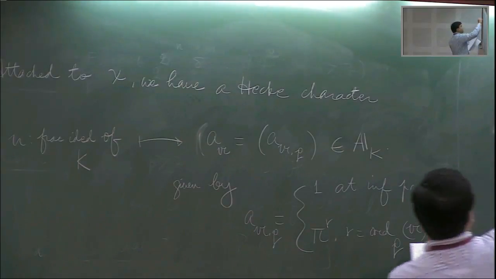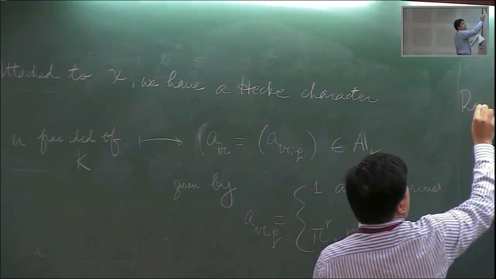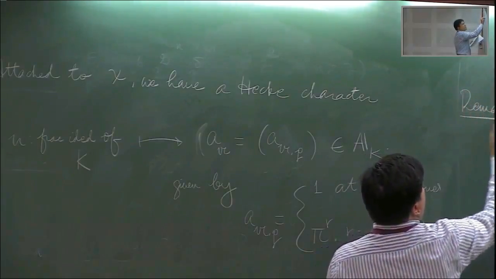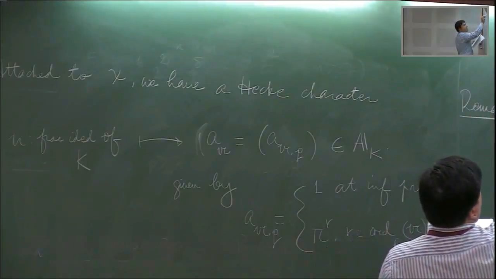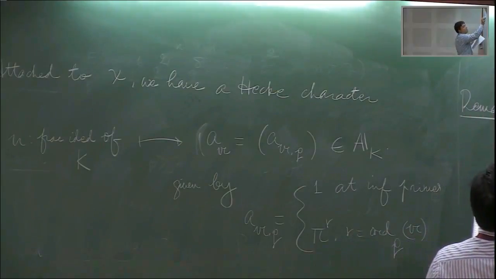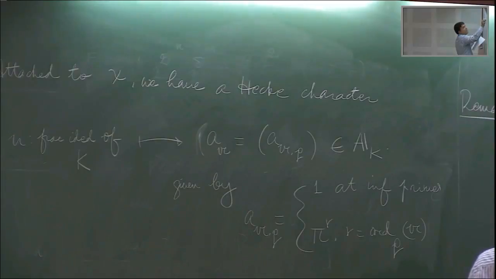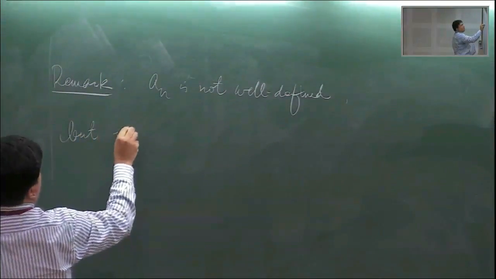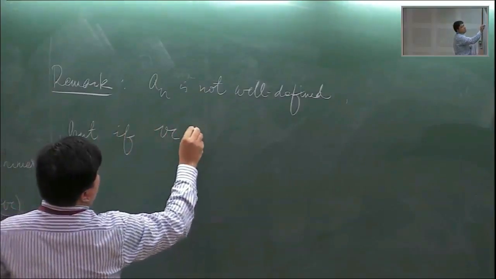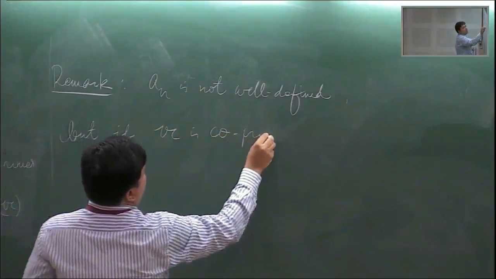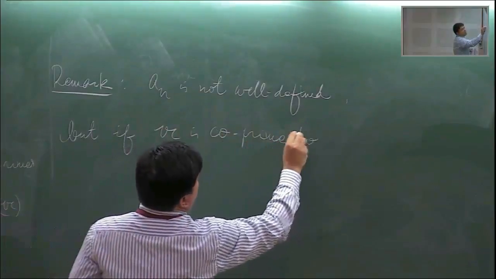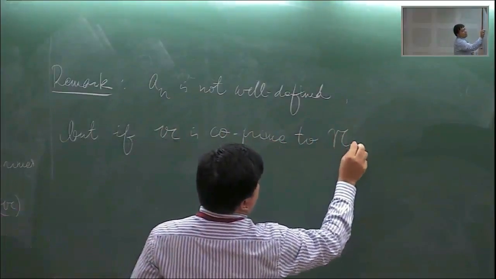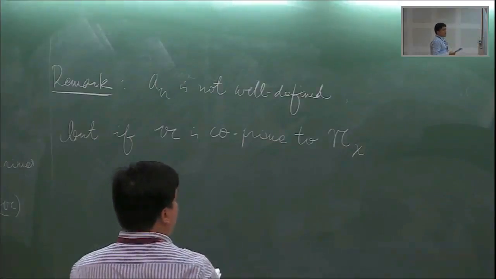Remark: alpha A is not well defined. But if A is coprime to n, Gothic n chi, then it is well defined.